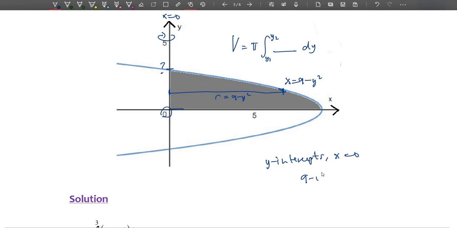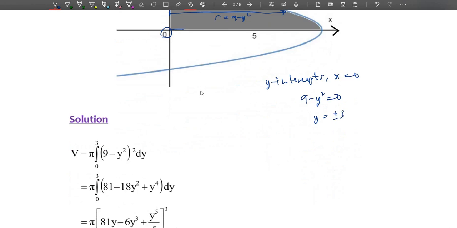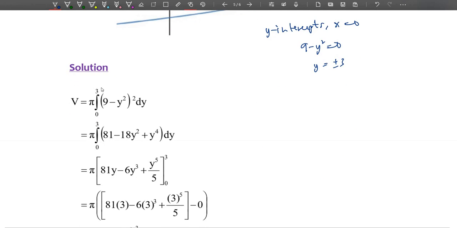So 9 minus y squared equal to 0, we will have y equal to plus minus 3. Since this is at the positive part, this should be plus 3. Then we integrate from 0 to 3.